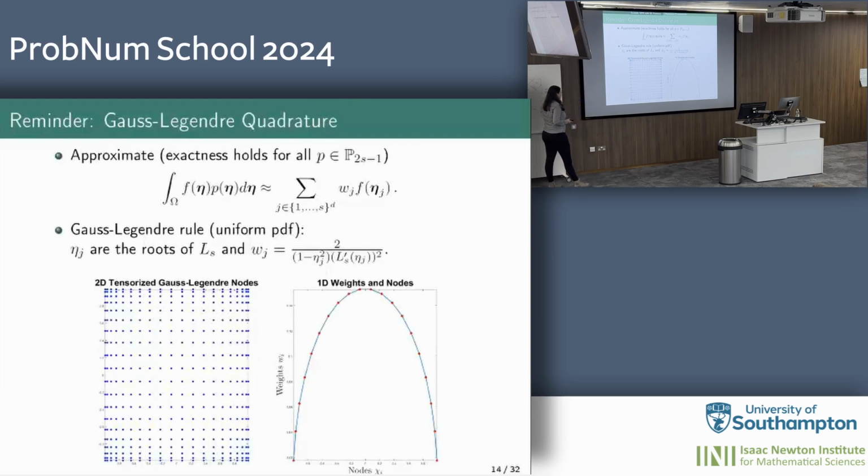Maybe two more things to know here. First, everything is fixed. The nodes are fixed, the weights are fixed. You know it all in advance. It's not like in Monte Carlo, where you need to sample over and over again and produce your samples.